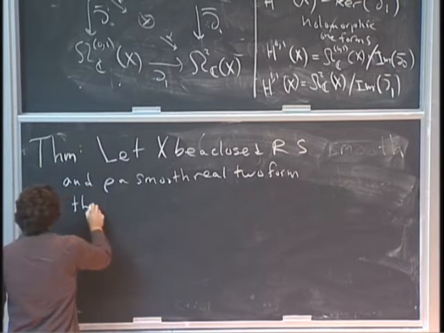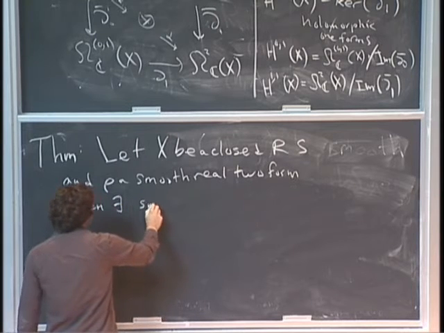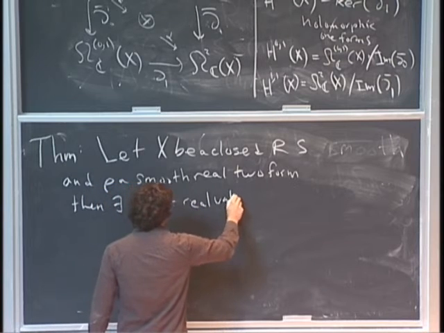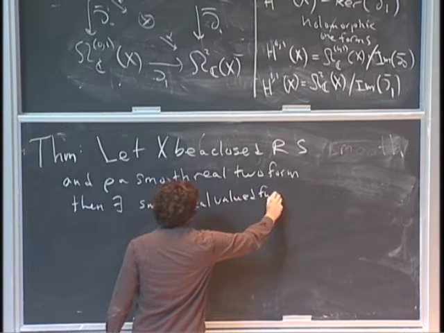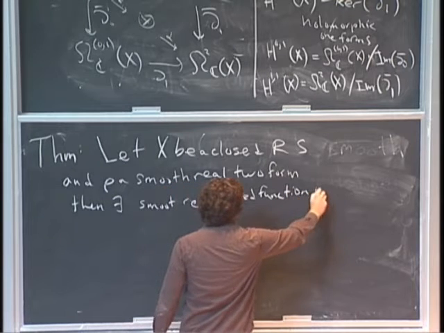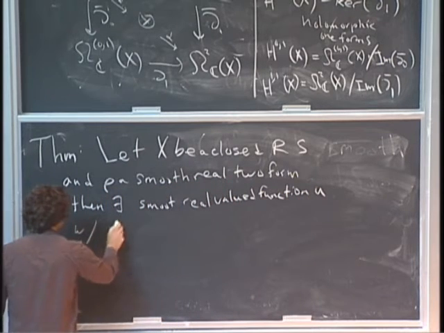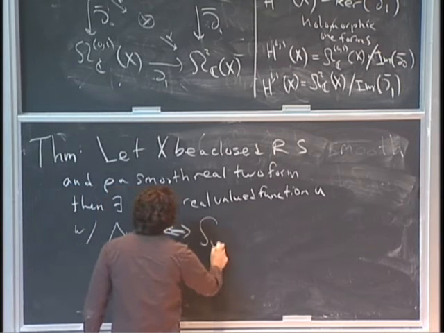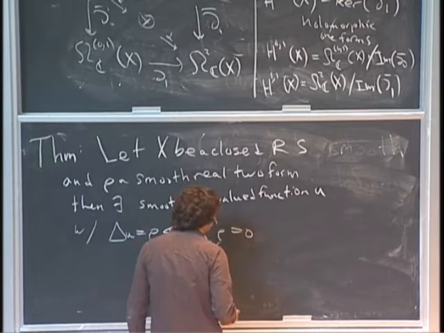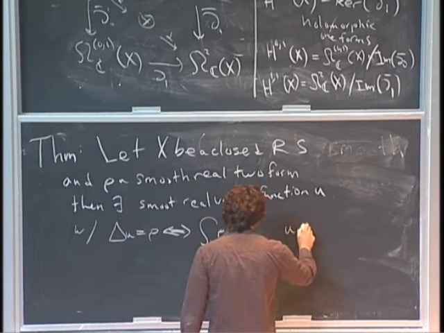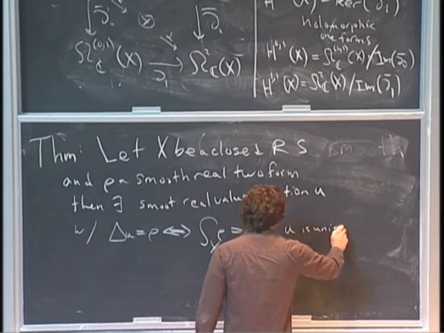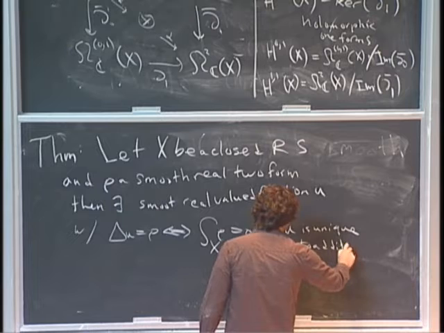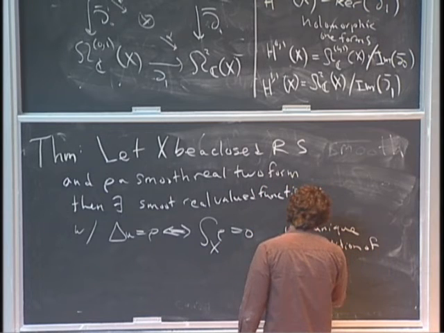Then there exists a smooth real-valued function U with delta U equal to rho if and only if the integral over X of rho is equal to 0, and U is unique up to addition of a constant.